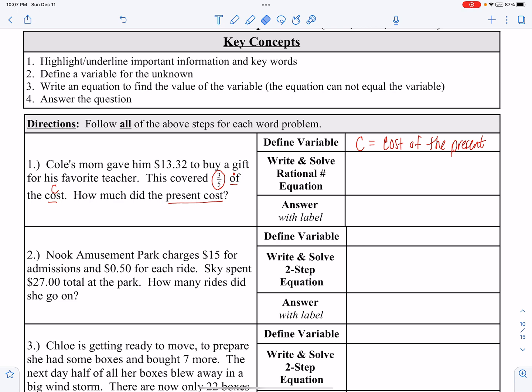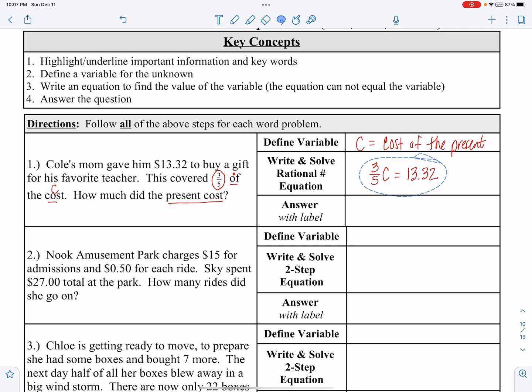So we have 3/5 of, meaning multiply, the cost, which is C. So instead of times, I can just put 3/5 C. Okay, and so his mom gave him $13.32, and that covered 3/5 of the cost. So they're saying the $13.32 was 3/5 of the cost. Okay, and so we can put equals $13.32.